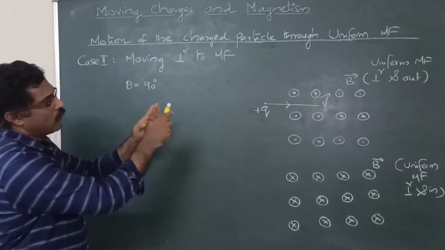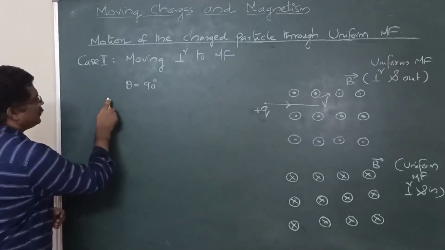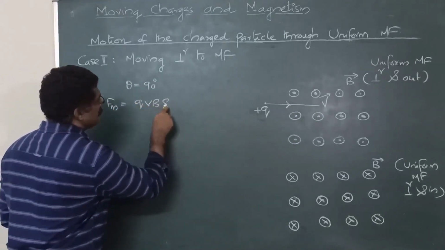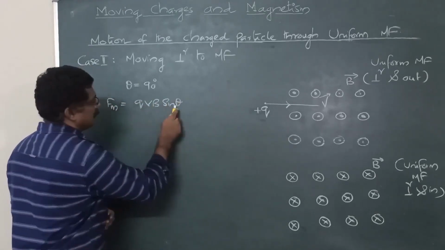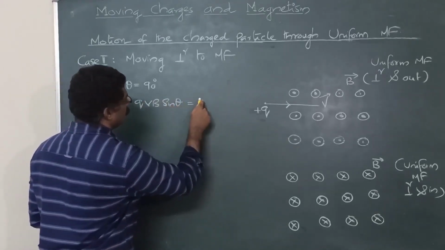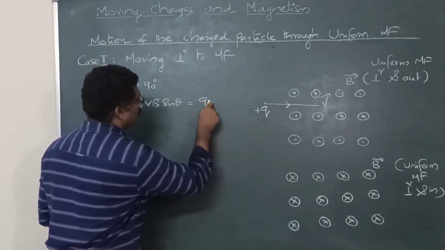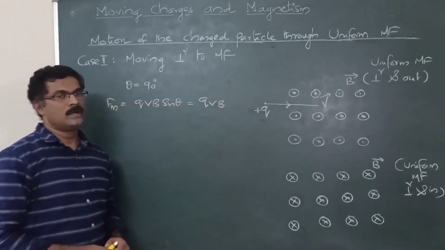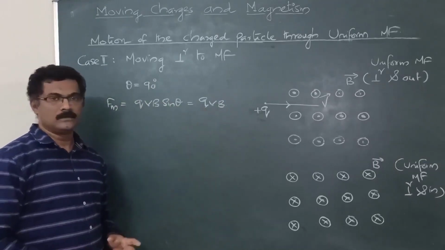Therefore, there is a force called magnetic Lorentz force given by Fm is equal to QVB sine theta. Since sine 90 equal to 1, it is equal to QVB. So this is the value of the force on the particle.